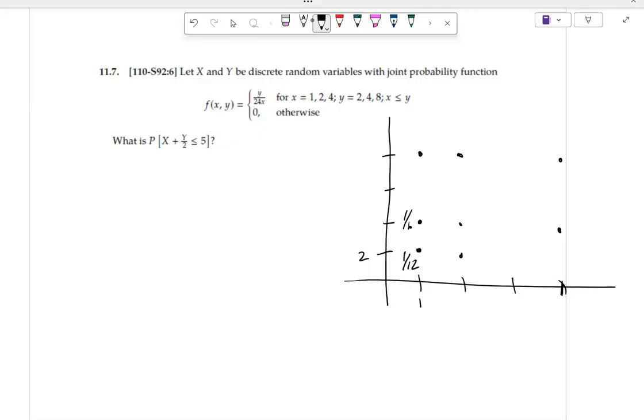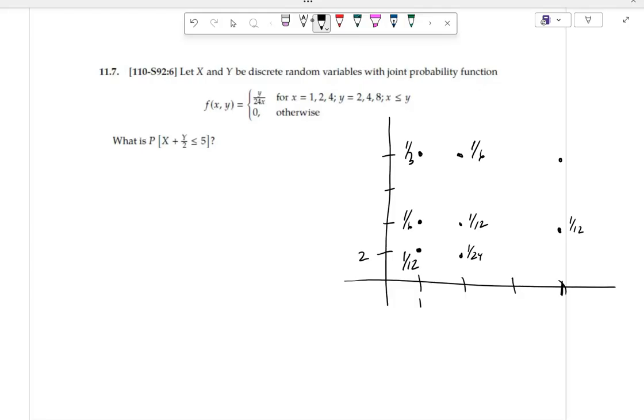And for (1, 8), it'll be 1/3. For (2, 2), it'll be a 24th. And then it'll be a 12th and a 6th. And then for (2, 8), it'll be a 12th.